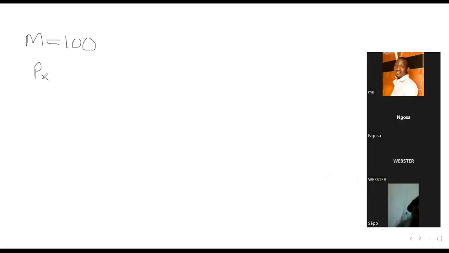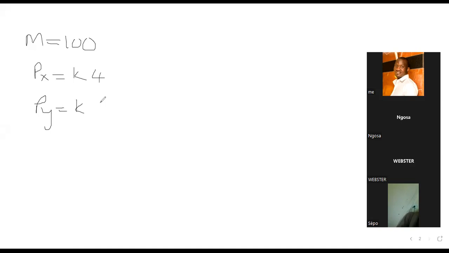So if you're given an income of 100 kwacha, which you want to spend between two goods, and good X costs 4 kwacha, and good Y costs 5 kwacha. How do we come up with the budget line?